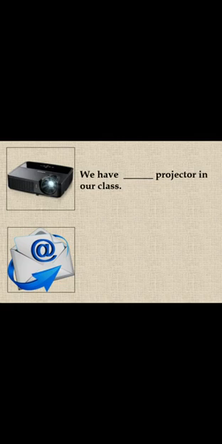But remember, we have a projector in our class. Here will be A because P is a consonant. He sent me an email. Here will be AN because E is a vowel.